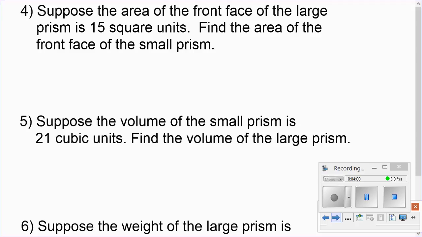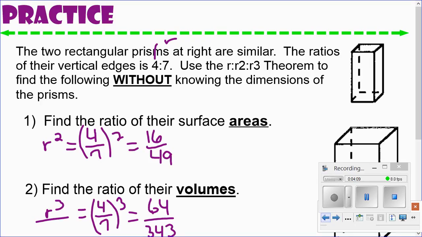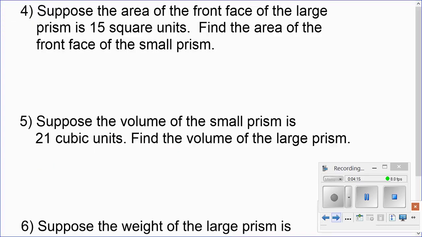Okay, let's look at some more. So we have the area of the front face of the large prism. Find the area of the front face of the small prism. Well, we need to go back here. Remember, when we're talking about area, we're looking at r squared. So we're going to use our 16/49 ratio. 16/49 is equal to, we're going to write a proportion. 15 is the front face area of the large prism, so 15 is in the denominator and x is in the numerator.